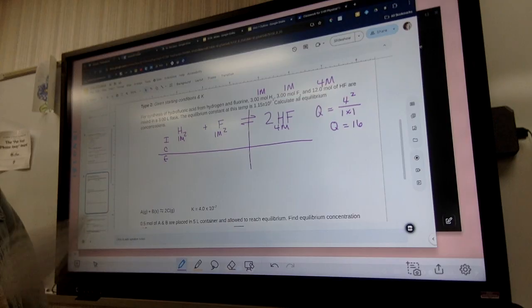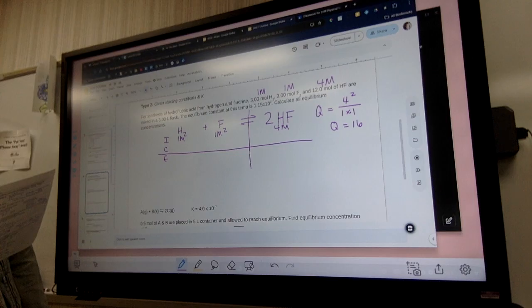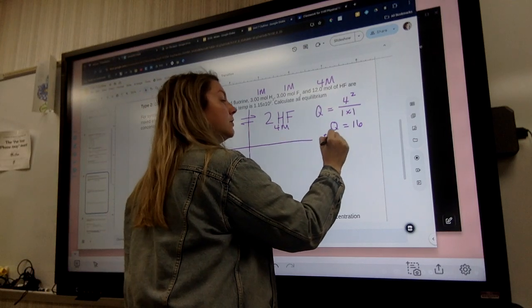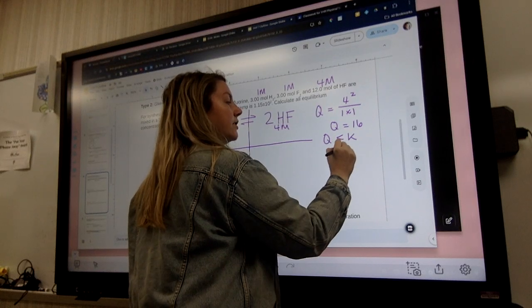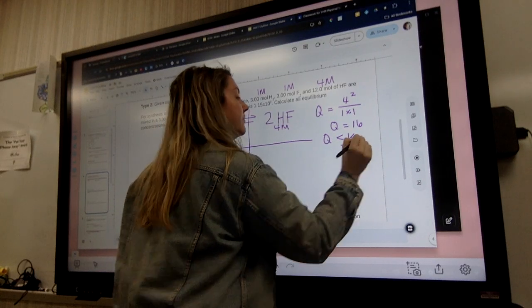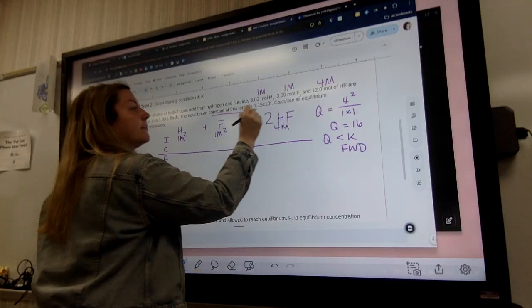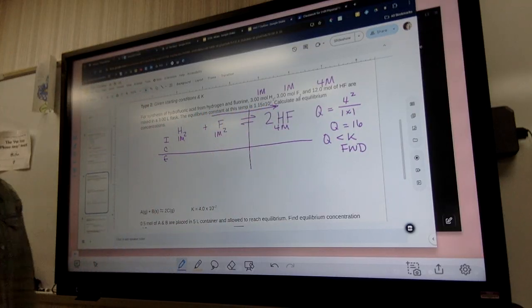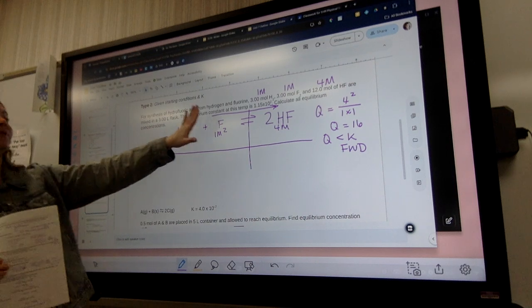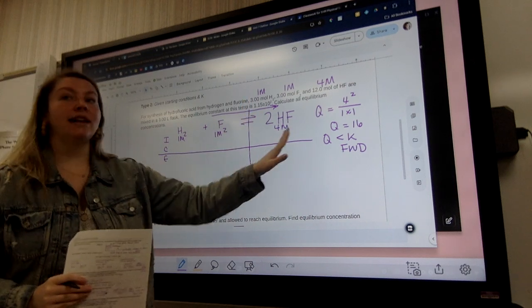Less than, which means forward. Yeah, so Q is less than K, so it is going to go forward. So I like to draw a big arrow to show which direction I'm going. So I know it's going to shift forward, which means I'm going to subtract from the reactants, and I'm going to add to the products.